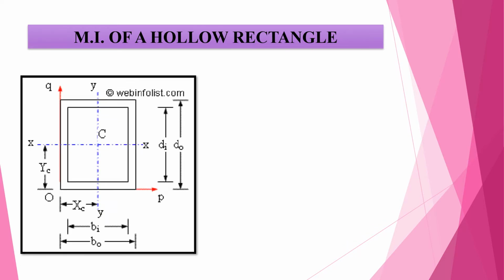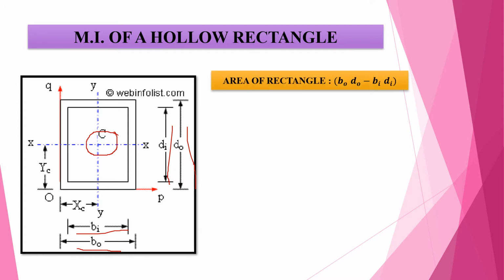Then the next standard shape is a hollow rectangle. This is a hollow rectangle having inner dimensions of width bi and depth di. The outer dimensions are width b0 and depth d0, and C is the center of gravity or the centroid for the hollow rectangle.